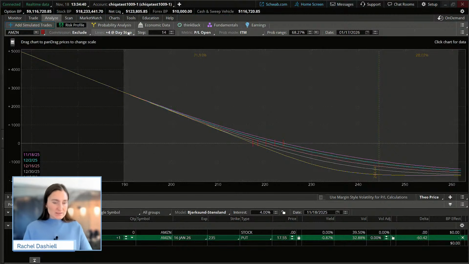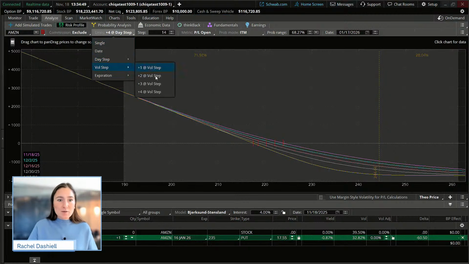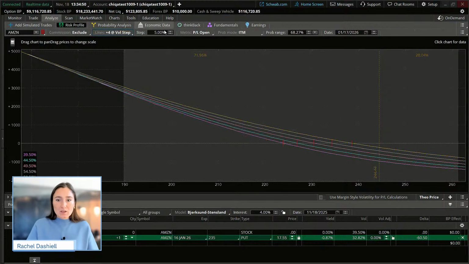Now, let's also look at your volatility changes. If we go to vol step, 4 at vol step, we can look at how each 5% increment in implied volatility will change our profitability on our option. So let's say the price of the stock goes down to roughly 220.